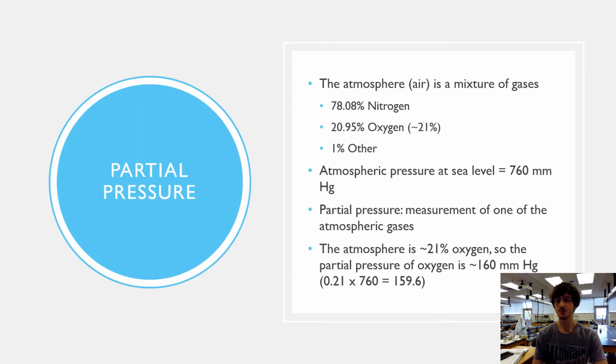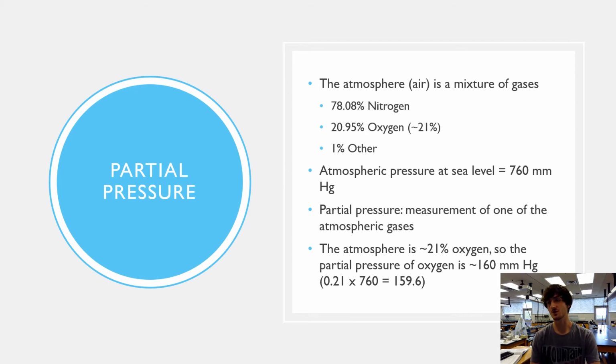All right, so the way we measure the amount of oxygen that's available in the air for our bodies to diffuse into our cells is through what's called partial pressure. This is a measurement, or more of a proportion, of oxygen within the atmosphere at a given pressure. That proportion is generally 21%. So out of all of the gases in the air, only 20% of it is actually oxygen.